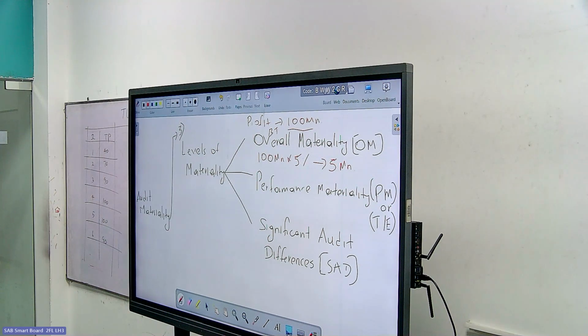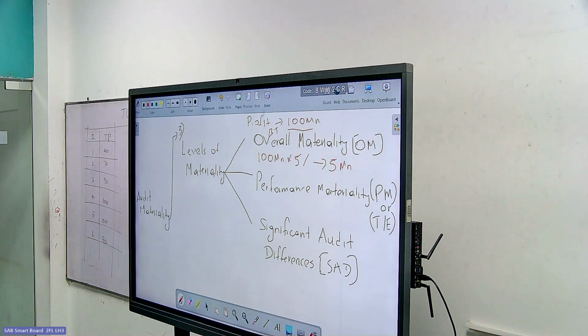Listen carefully. In the engagement letter, we have discussed our objective and scope. We have to mention what is the objective and scope, what is the responsibility. In the engagement letter again, we are using the term material misstatement. Our responsibility is to find material misstatement.